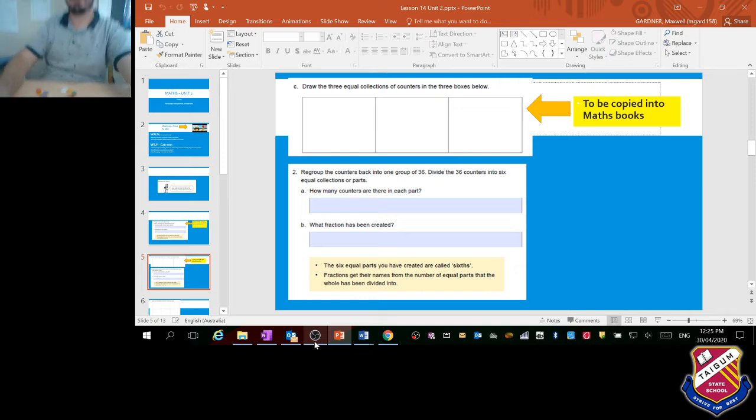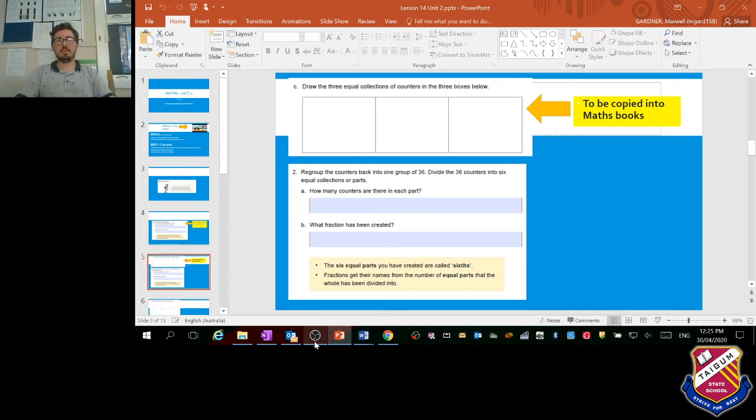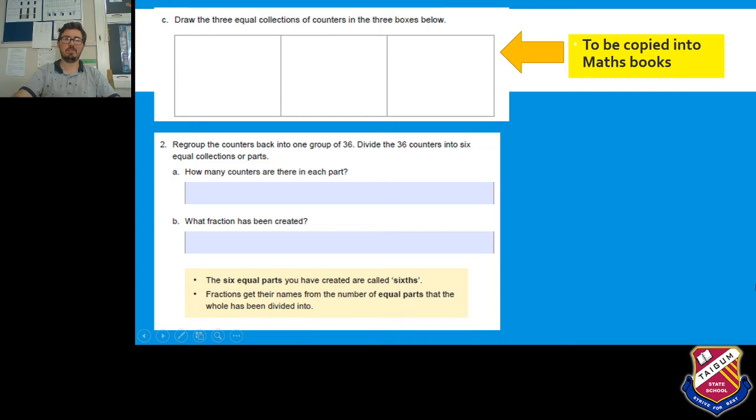6. Correct. So you can answer A there. How many counters are there in each part? Off you go. Right, now, what fraction has been created? So again, I'm going to do this on my sticky note, and I want you to do it in your head. First of all, we do the numerator, which is the amount in each group.